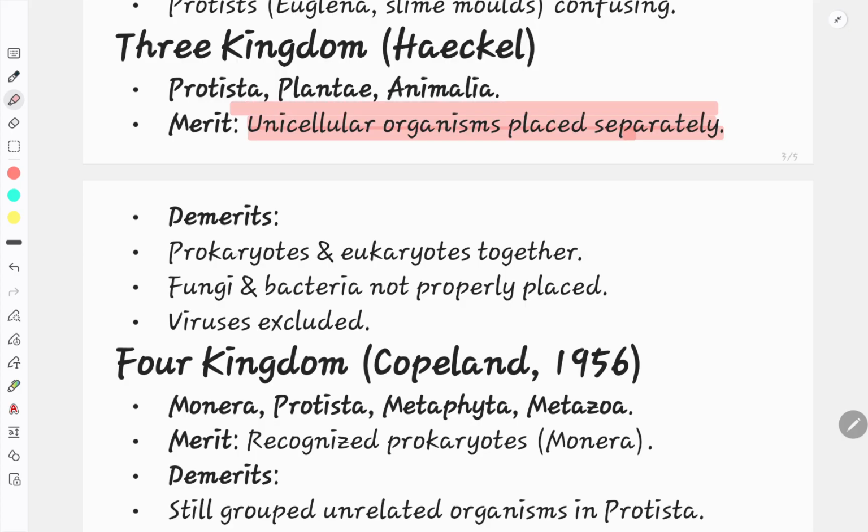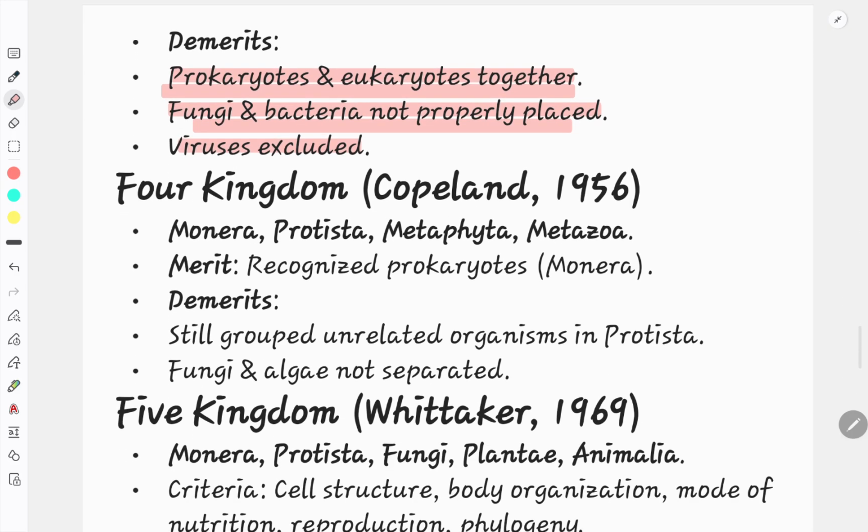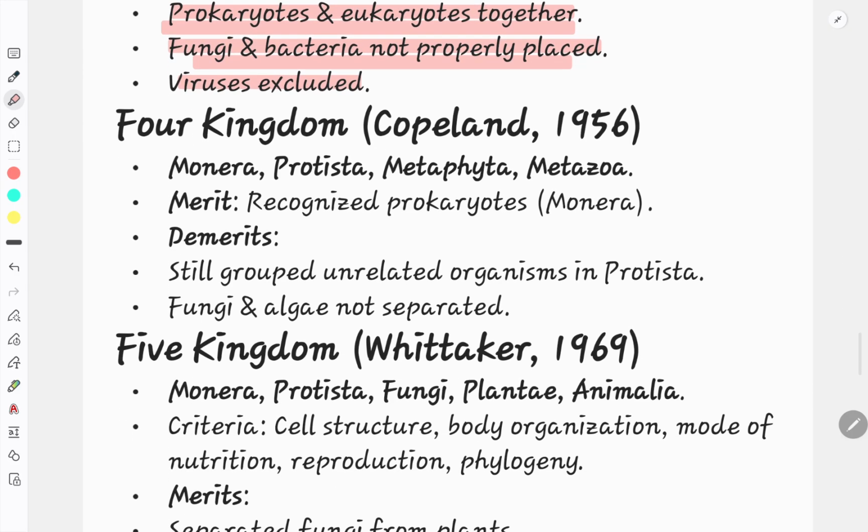What are the demerits? He combined the eukaryote and prokaryote together. Fungi and bacteria are not properly placed. He also excluded viruses.